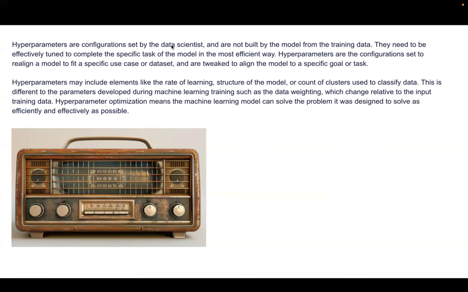Hyperparameters are set by the data scientists or the programmers, whoever is writing the code. You set them. The model does not learn them on its own. So it's not the training data, it's the model parameters.